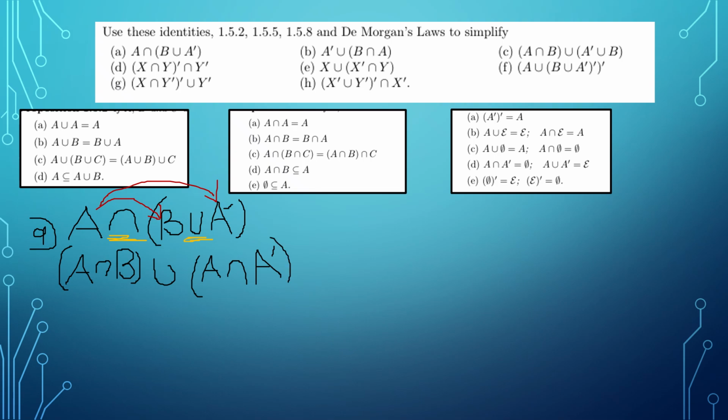Now then, we continue. We have A intersection B, right? Union. Now, if we look at this, we see, hey, hold on.